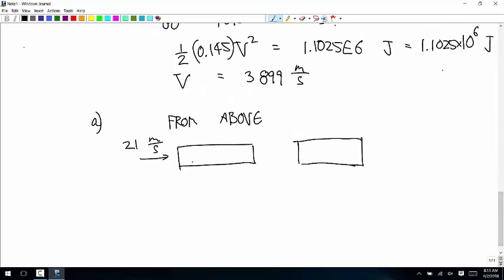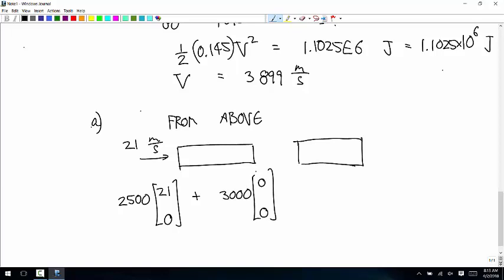And so before the collision, we have 2,500 times the velocity vector of the first one, which is 21,0, plus the mass of the second one, 3,000, times its velocity vector before the collision, is equal to 2,500 plus 3,000 times the velocity after the collision.